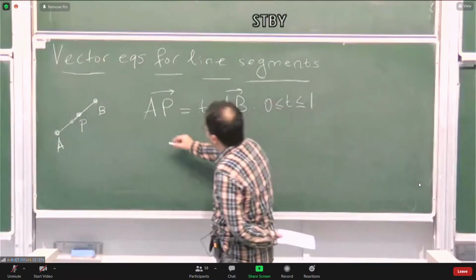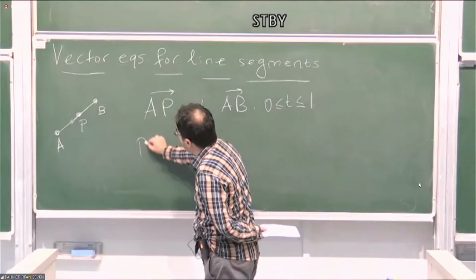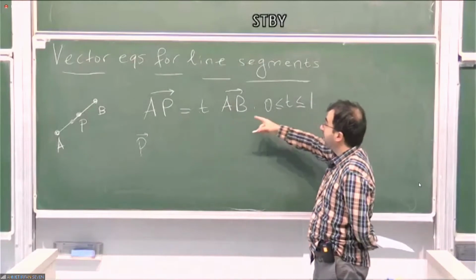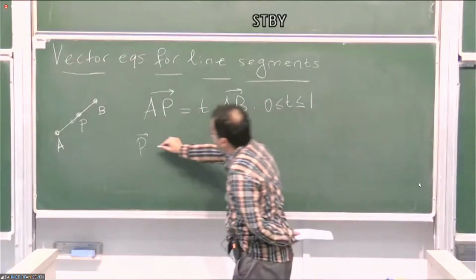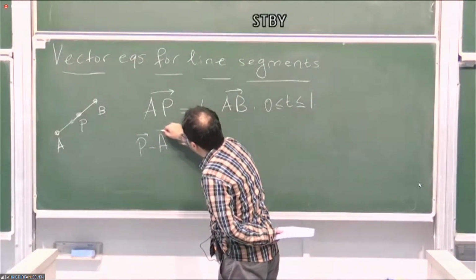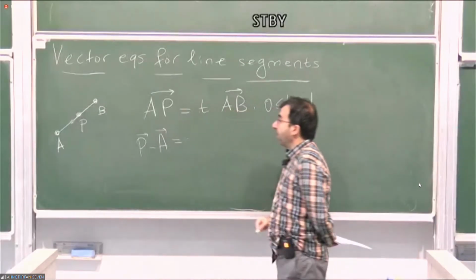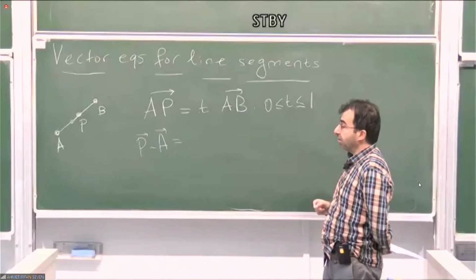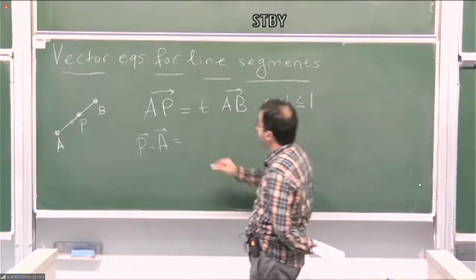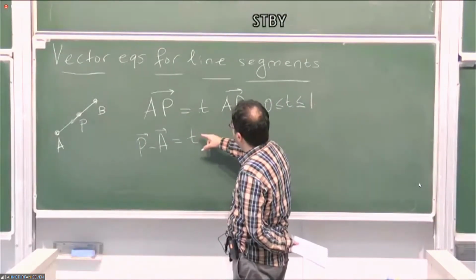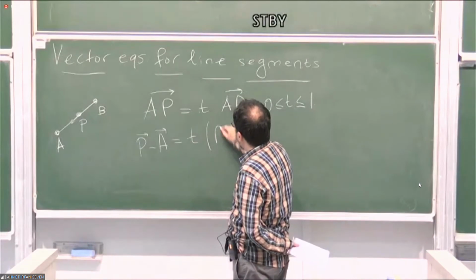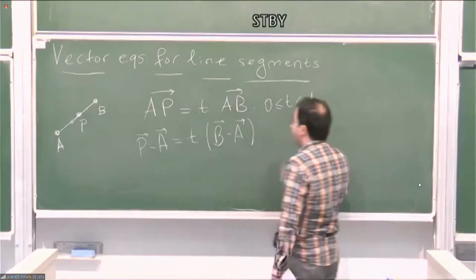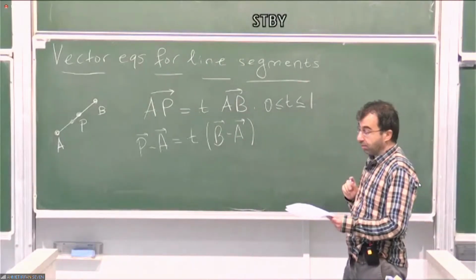Let's now write it more explicitly. So this is our vector equation practically. Let's expand. AP is equal to the position vector of P minus position vector of A, which will be equal to T times AB, that is B minus A. Again, T is between 0 and 1.